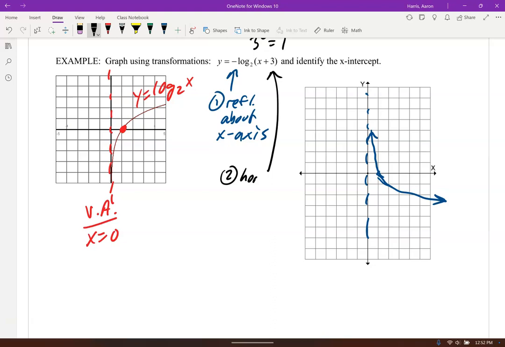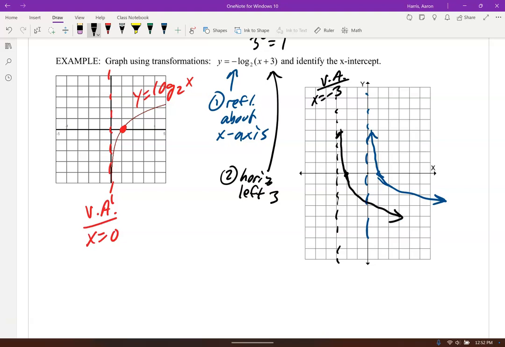And then number 2, we will horizontally shift that left 3. So I take the whole thing, 1, 2, 3. The vertical asymptote of x equals 0 becomes x equals negative 3. There's our vertical asymptote, x equals negative 3. And that point 1, 0 goes left 3, 1, 2, 3, and becomes negative 2, 0.